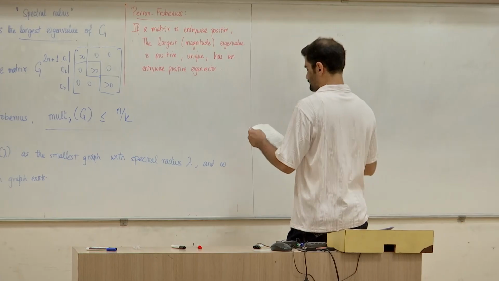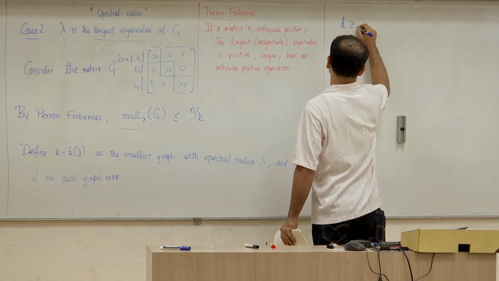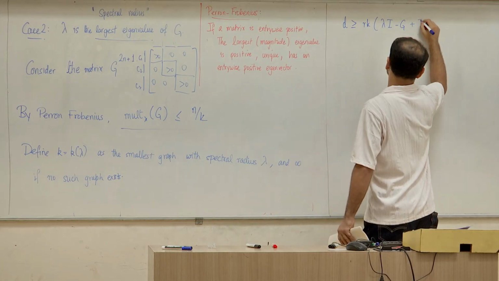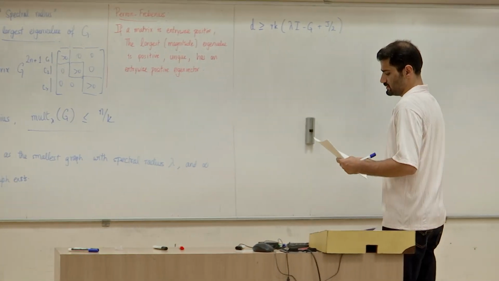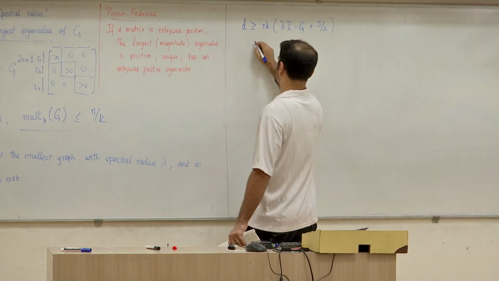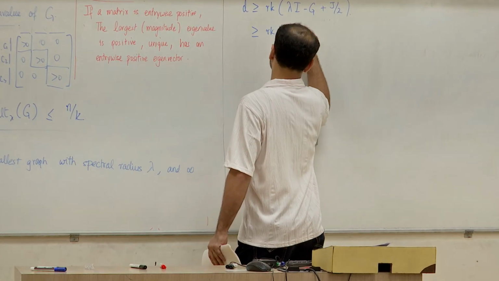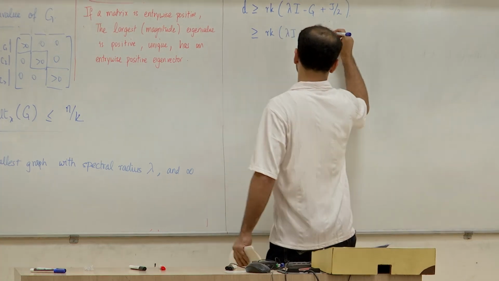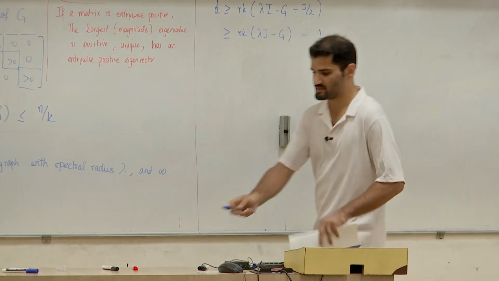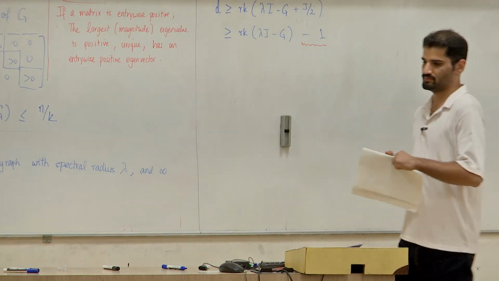So I have, just like here, that d is at least the rank of lambda I minus G plus J over 2. This is a rank 1 matrix. So I can write G minus 1. I will change this, I'll make it stronger, but currently, let's say it is minus 1.